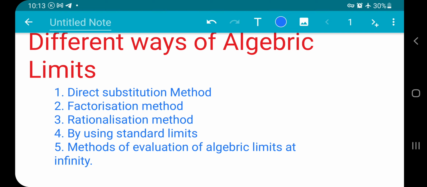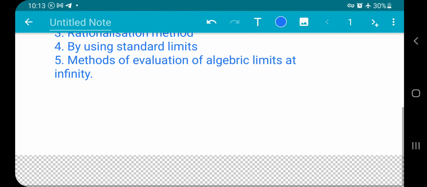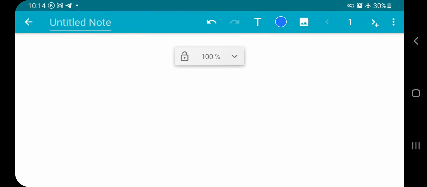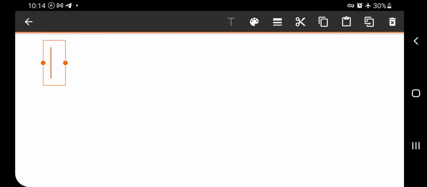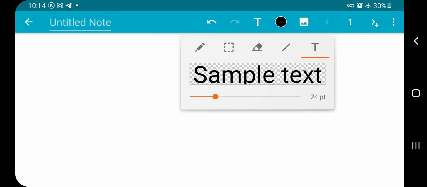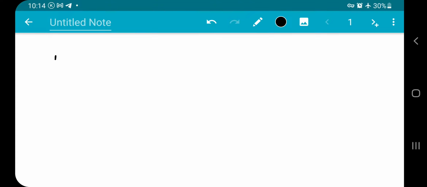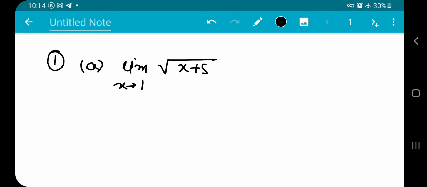So let's see some examples of direct substitution method. Number one, let us take some sums. I'm writing some sums which we'll be doing. Limit x tends to 1, root over x plus 8 by root x.